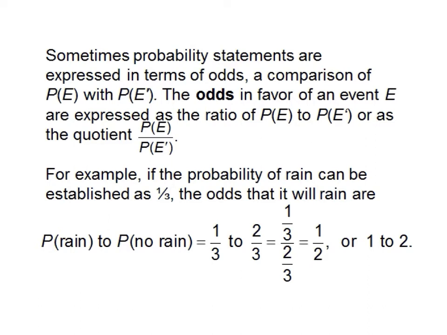So, for example, if the probability of rain can be established as a third, then the odds would be 1/3 rain to 2/3 no rain. That's the difference. So you would have 1/3 over 2/3, or essentially a 1 to 2 odds that it will rain. So rather than saying 1 out of 3 chances, you're saying 1 to 2 odds. 1 chance it'll happen, 2 chances it won't happen.